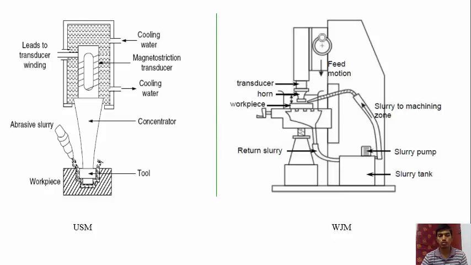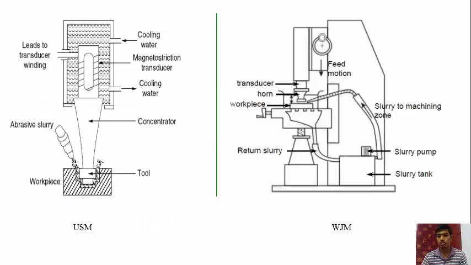This vibrational force is used to drill or make an impact on the workpiece, which brings in the shape of the tool. And then the next one is water jet machining, where water with high pressure abrasives is directed onto a workpiece so that a groove is formed.